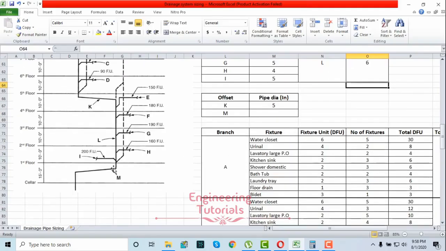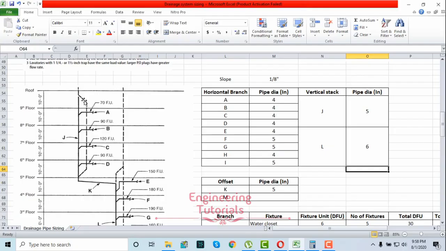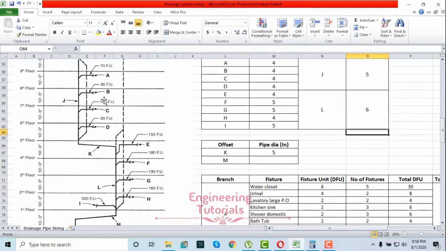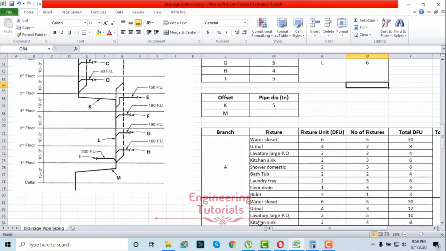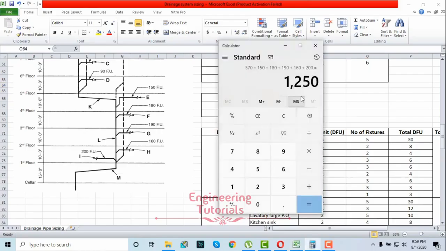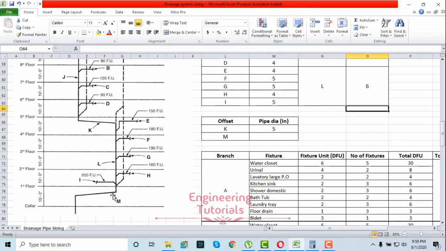And in the end we have to calculate the pipe size for this offset or runout represented by M. So total fixture unit value will be the sum of all branches from top to bottom. We already know that is 1250 fixture units. So this is runout or offset.